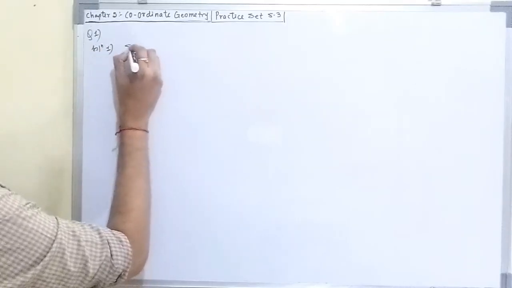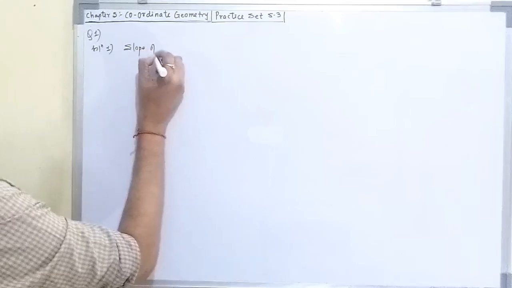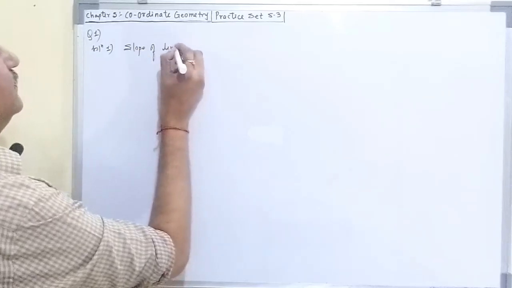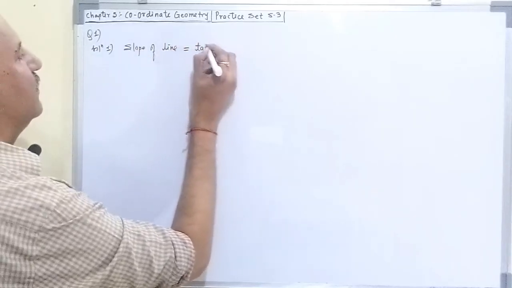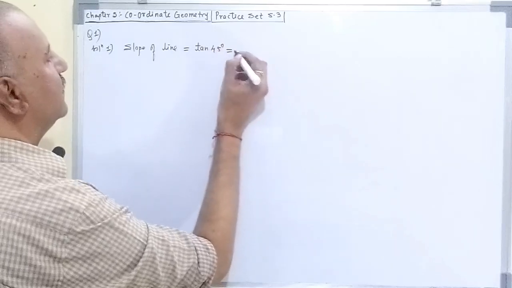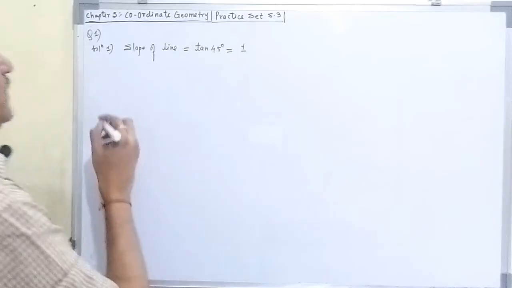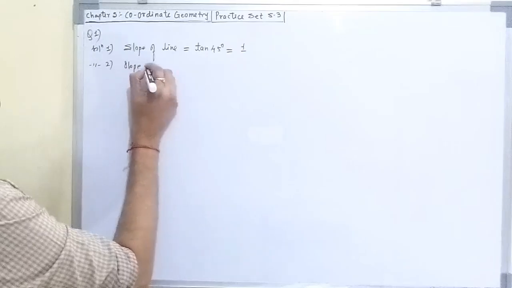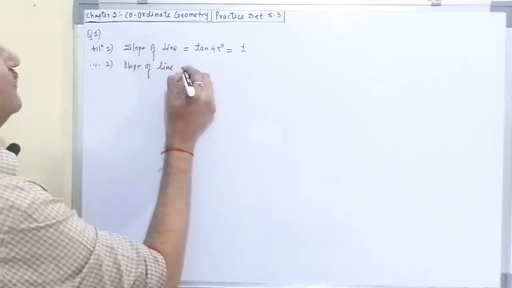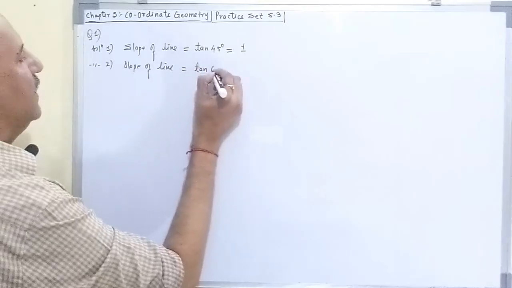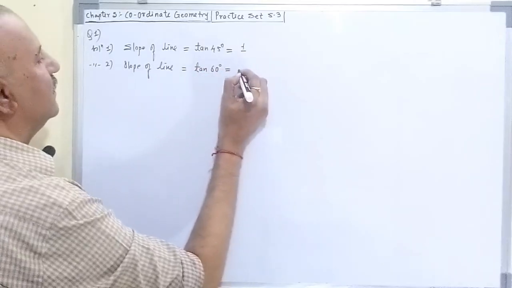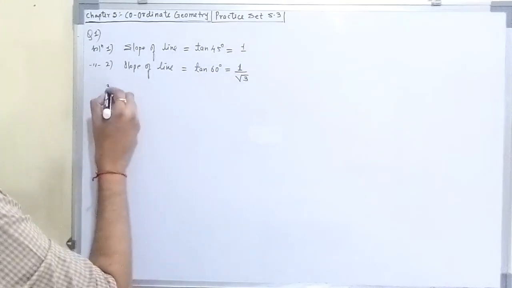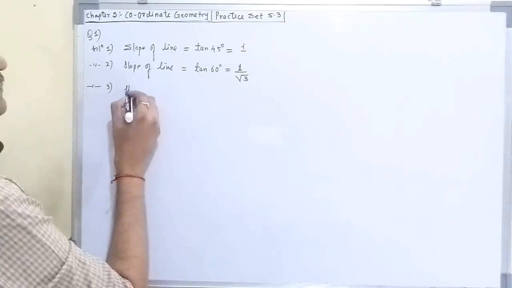Solution 1. Slope of line equal to tan 45 degrees equal to 1. Second, slope of line tan 60 degrees is 1 upon root 3, because you know these values from trigonometry.